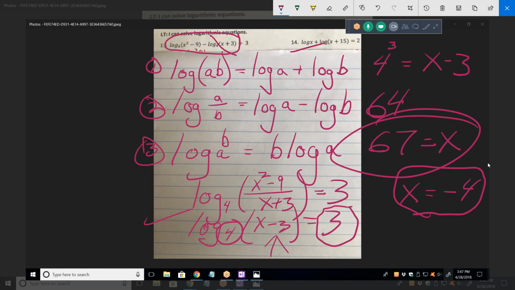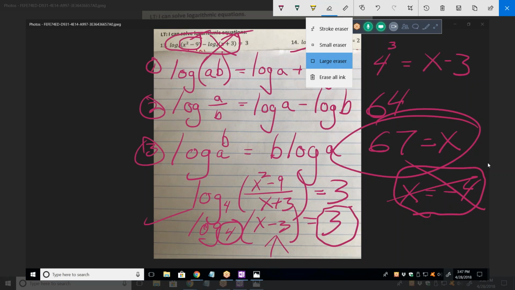That violates that domain right there. X can't be minus 4. It doesn't violate this domain, because minus 4 squared is 16 minus 9, so it's fine here, but it doesn't work there. So that cannot be an answer. If that was the only answer we came up with, then this one would have no solution. But usually it's when you come up with 2 answers, one of them violates the domain.